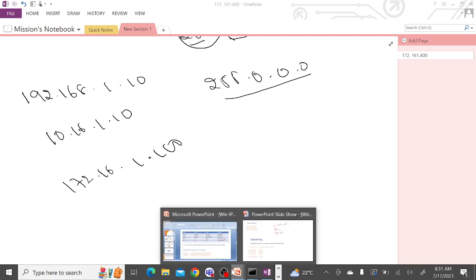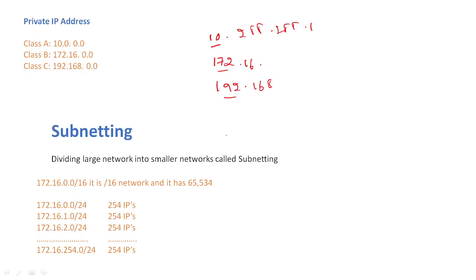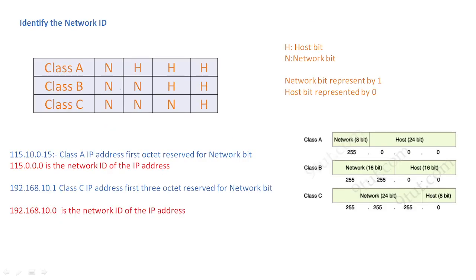That's why I told you to replace in this previous slide. See, class A, wherever you have n, you have to put 1. Wherever you have h, you have to put 0. So the class A subnet mask will be derived out of this.